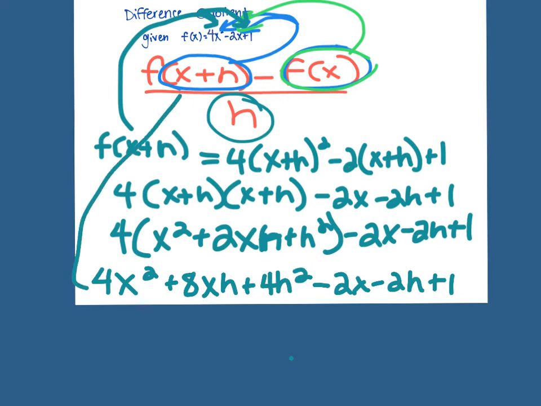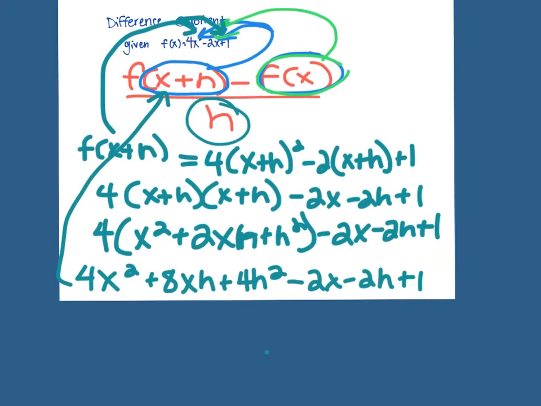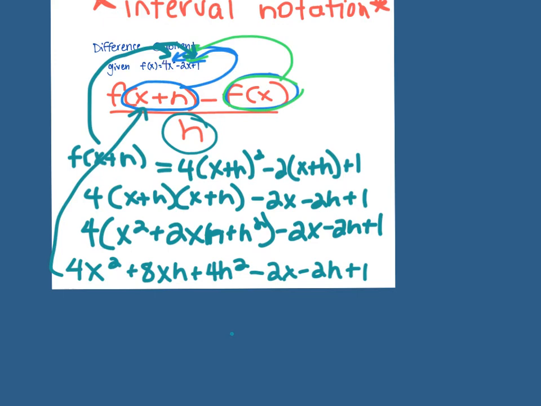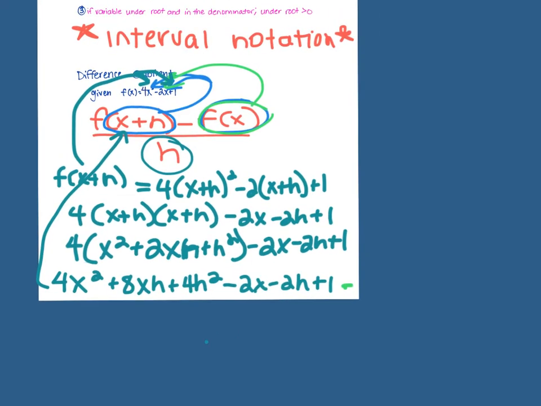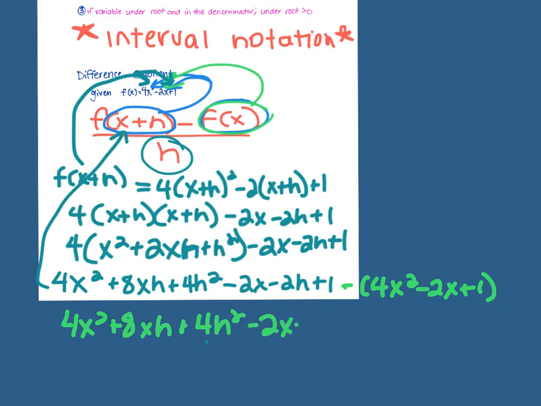And that whole thing is f of x plus h. So then from that, I'm going to subtract f of x, which is 4x squared minus 2x plus 1. And when you subtract that, it changes all the signs after that minus.